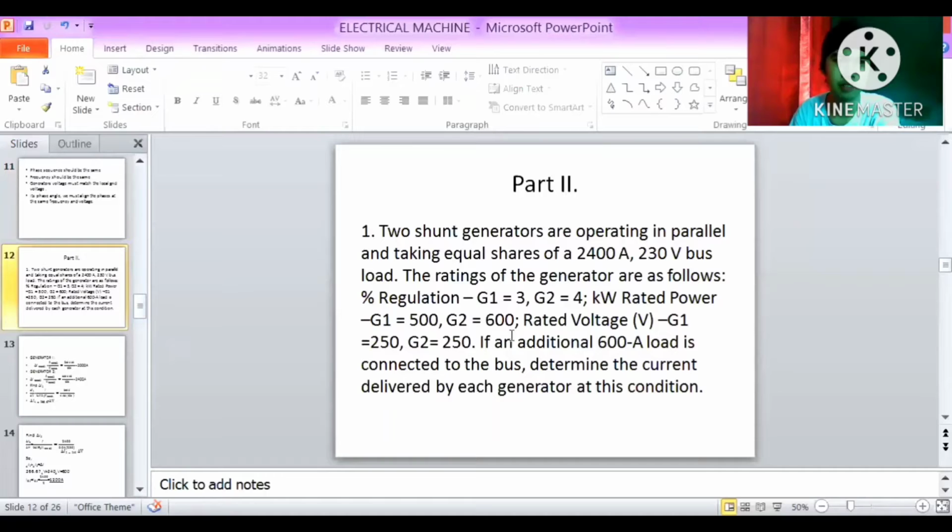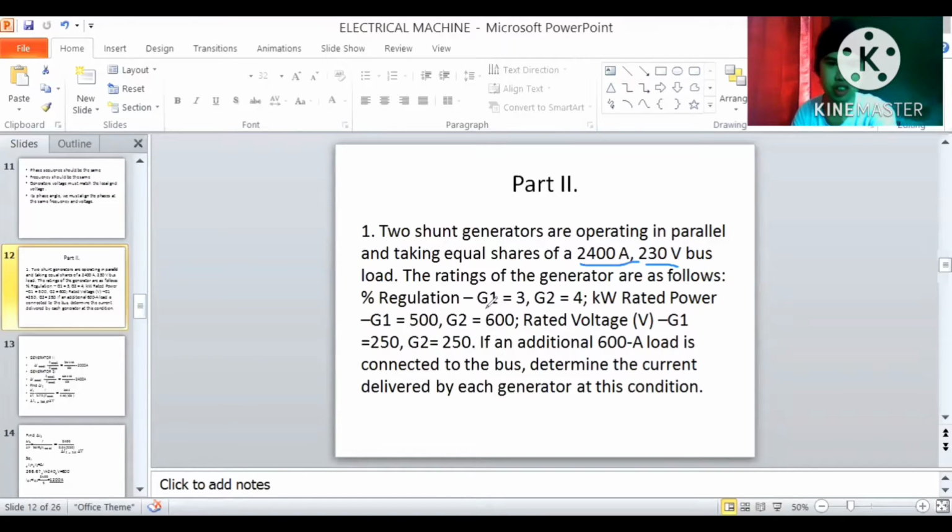Part 2, problem solving. Two shunt generators are operating in parallel and taking equal shares of a 2400 ampere, 230 volt bus load. The ratings of the generators are as follows.